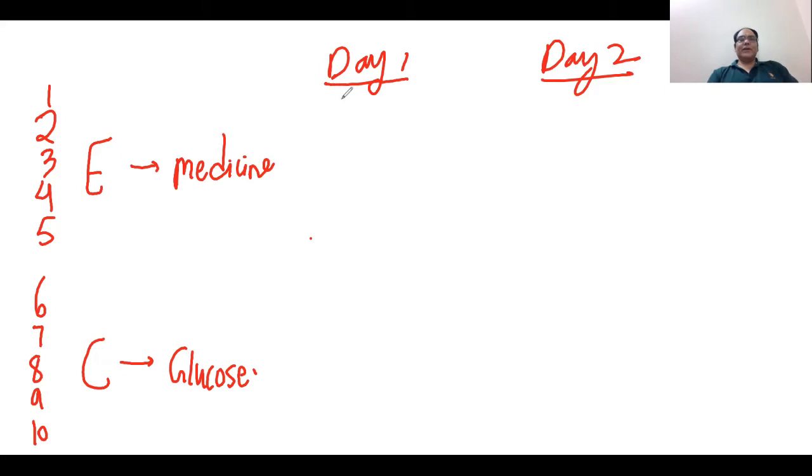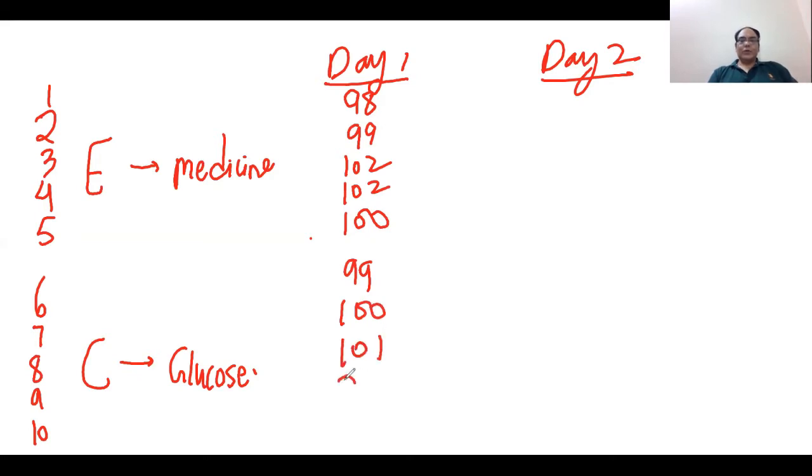So the temperature here is, let's say, 98, 99, 102, 102 and 100. This is the temperature of the different patients on day 1. And here we have 99, 100, 101, 100 and 98. So we measure the temperature of both the groups.